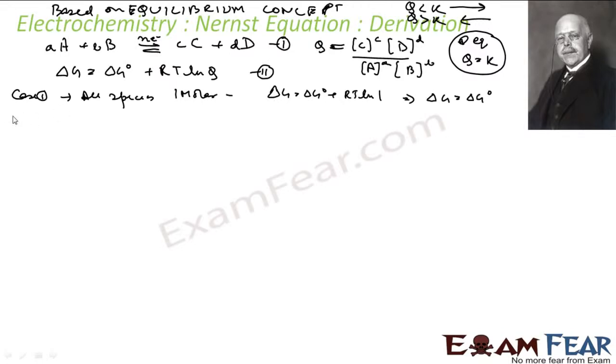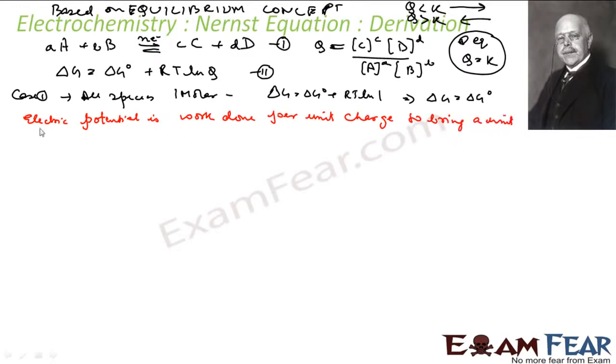Let me write this definition actually. Electric potential is work done per unit charge to bring a unit charge from infinite distance to the point of interest.